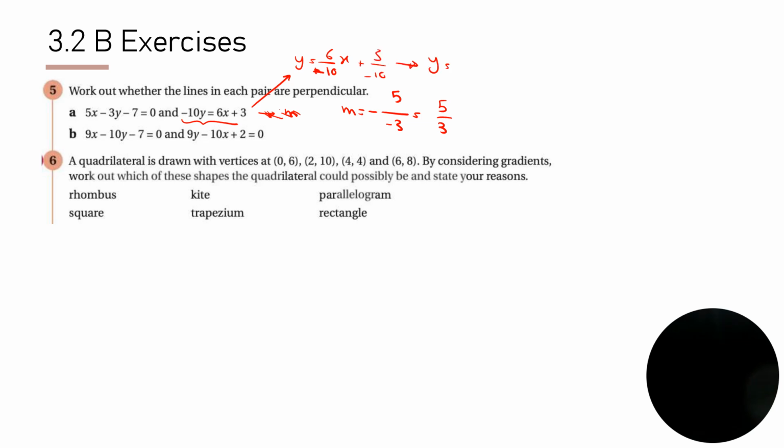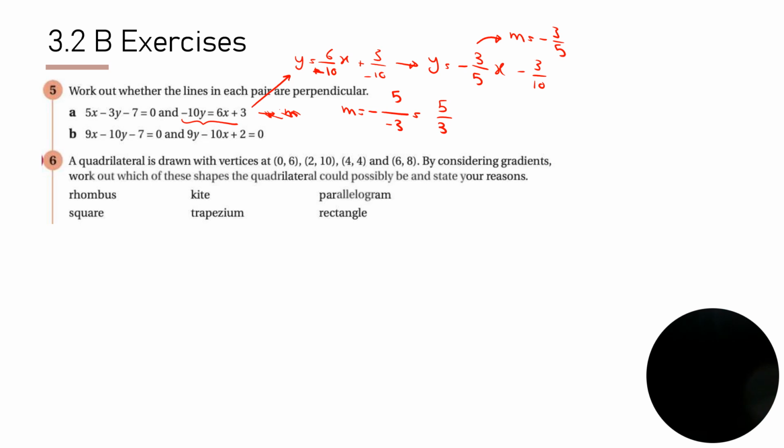And if you simplify it, it's going to be y equals negative 3 over 5 x minus 3 over 10. The gradient of this line now is clear that the gradient is negative 3 over 5.